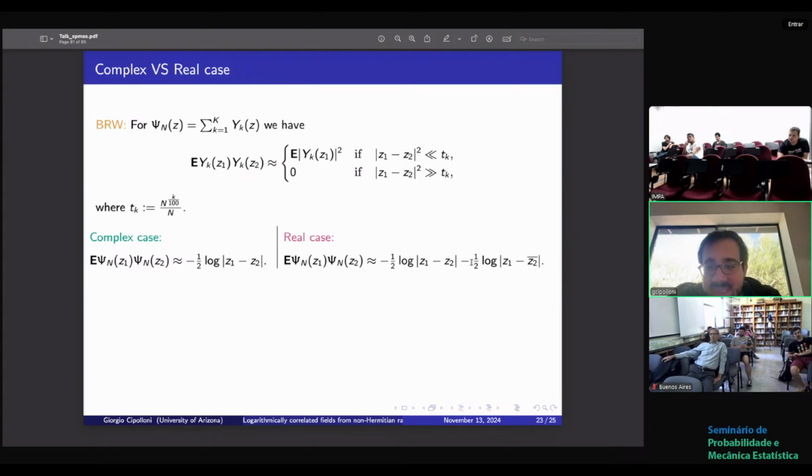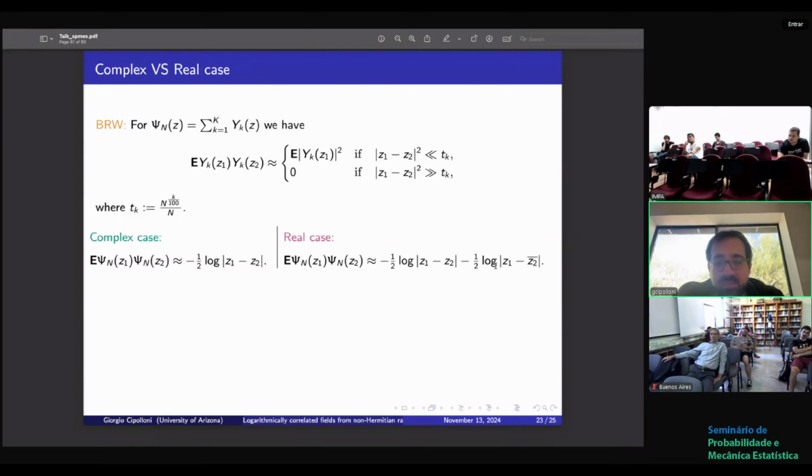On the other hand, in the real case, there is an additional term. So we have again the same term which appears in the complex case, but there is a term which is also the log of z1 minus z2 bar. So one can see the field in the real case as the sum of two different, independent fields.